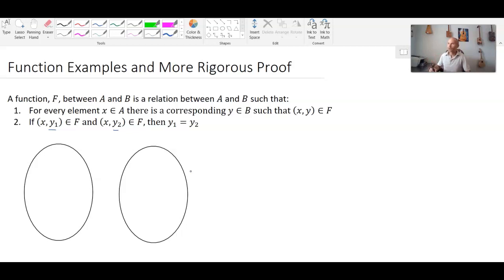As one practical example, let's suppose that we have a database of names, so people's names. And in our other set, we have social security numbers.